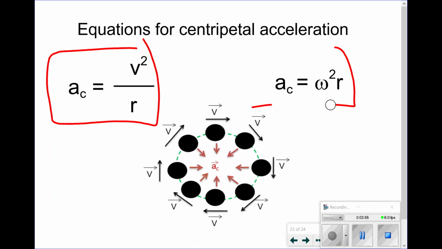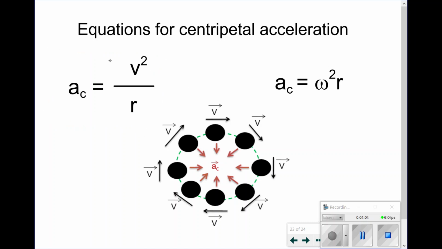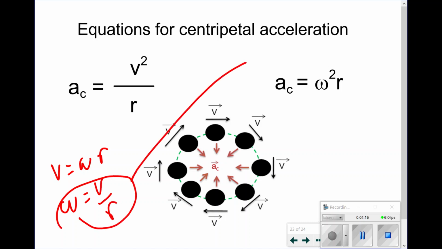If I give you a situation where I give you a tangential speed and a radius, you can very easily say that my tangential speed is equal to angular speed times r, and solve for your angular speed saying v over r, and then use your angular equation for centripetal motion if you wanted to.